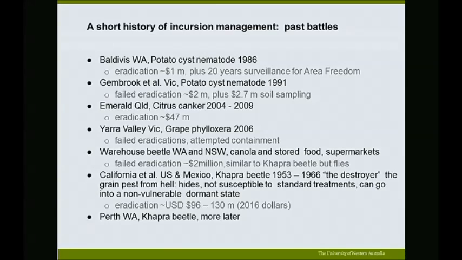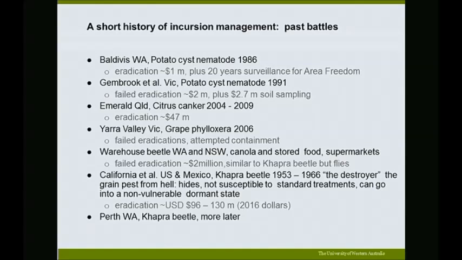And then this is my favourite example, California and US and Mexico, Khapra beetle, 1953 to 1966. So the Khapra beetle, the destroyer, and we'll come onto this later, but really the grain pest from hell. Not susceptible to any standard treatments, basically goes into a dormant, non-vulnerable state, so you can't zap it with anything.